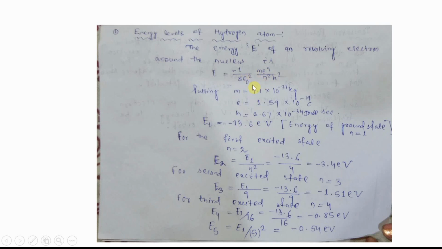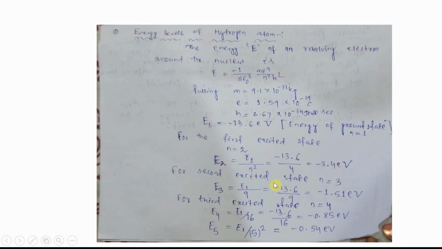That means this minus 1 by 8 epsilon naught square, m e to the power 4 by h square, if we put this value we get minus 13.6 eV, which is the value of E1. So we have to put E1 here. So E2 equal to E1 by n square, and the E1 value we know is minus 13.6 divided by n square, that is 2 square, that is 4, which is equal to minus 3.4 eV.